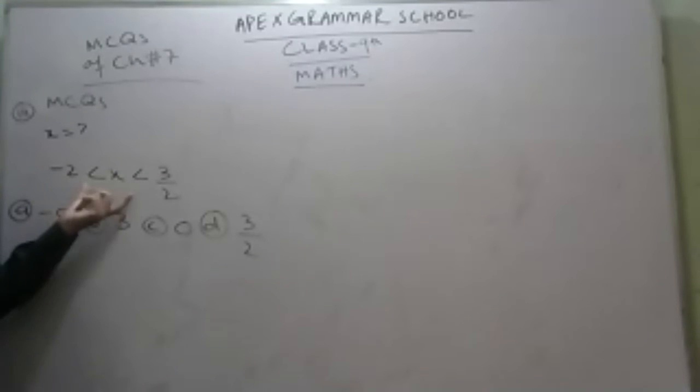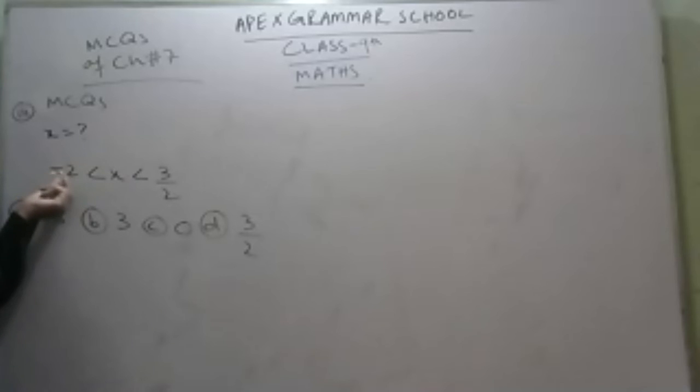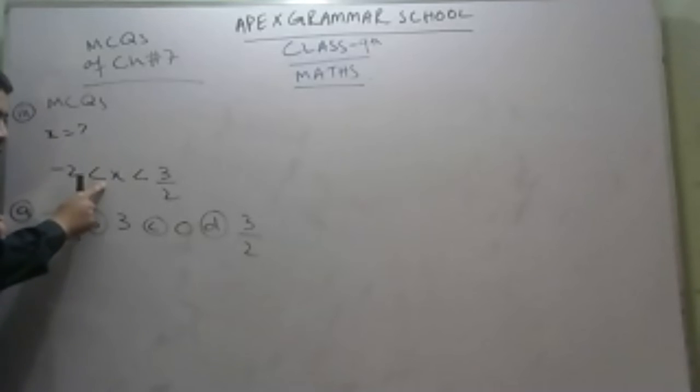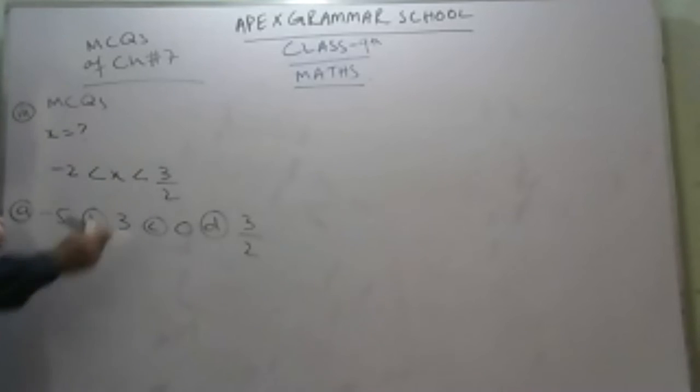You can see the relation that x is any number greater than minus 2. This will be the greater symbol towards x, so x is greater than minus 2 and x is less than 3 by 2. 3 by 2 means 1.5. So x is in between minus 2 and 3 by 2, not other than that.